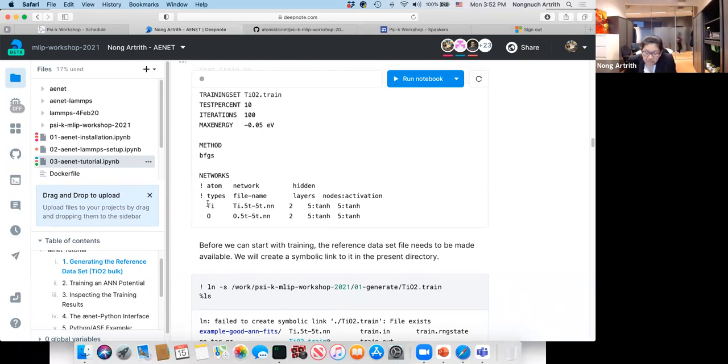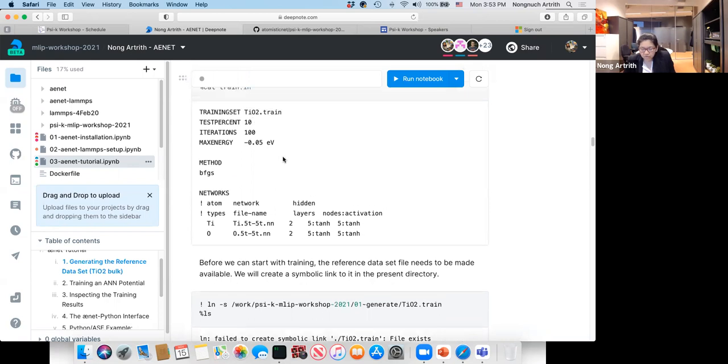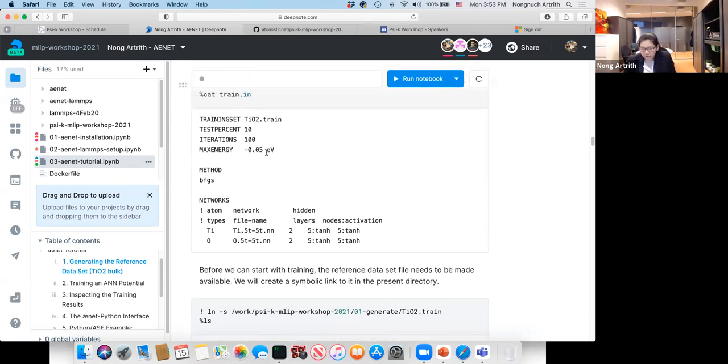So we have the type of atoms, here titanium dioxide, written as titanium and oxygen, with 2 hidden layers, and each layer has 5 nodes. I use tanh, the hyperbolic tangent, as the activation function. This is basically the information that you need to find your hyperparameters in train.in.